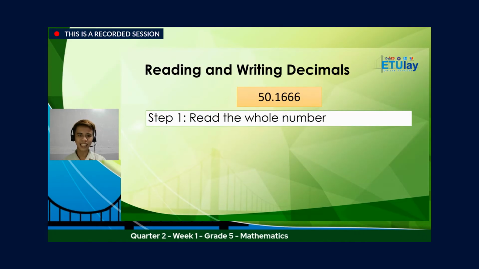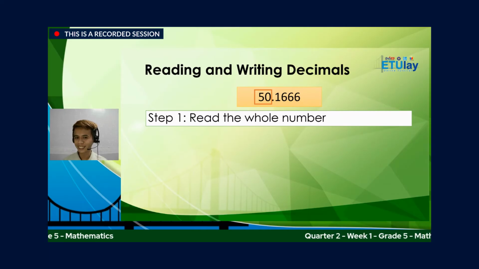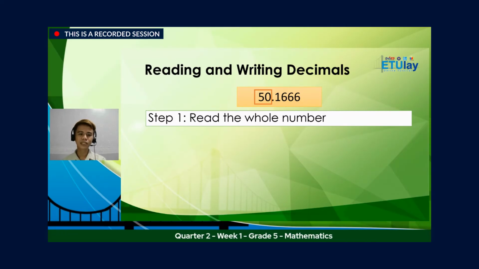And nabanggit natin kanina na ang ating whole number ay yung mga number or yung mga digits na nasa left portion ng ating decimal point. So ang ating whole number dito ay itong 50 at kapag binasa natin ito, ito ay 50. Very good. So step number 1, read the whole number and the whole number in this number is 50.